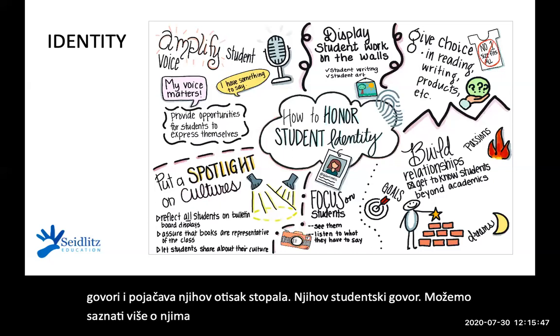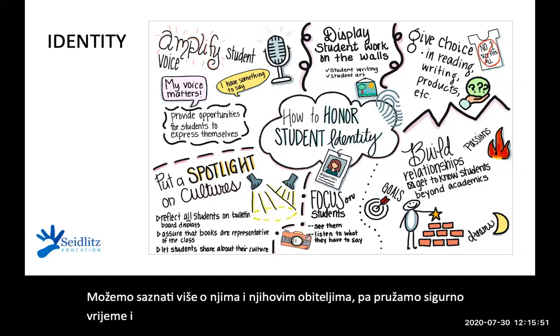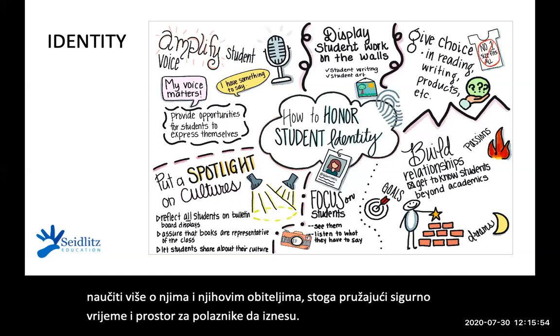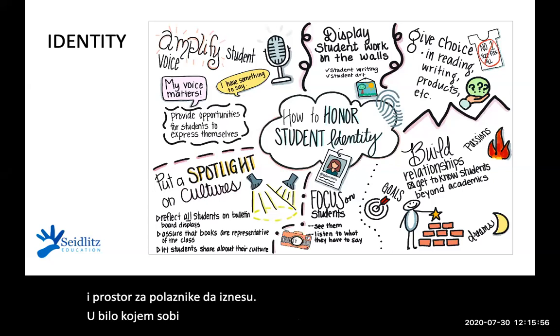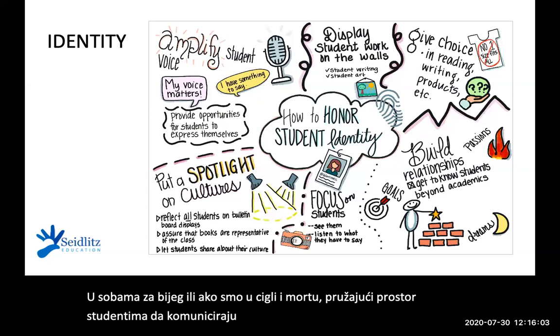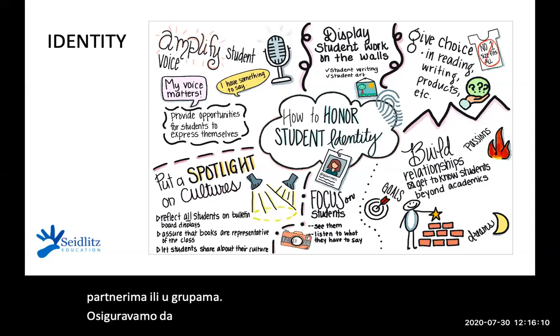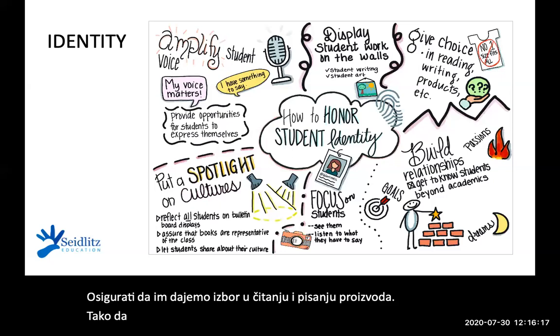So providing a safe time and space for students to share in either breakout rooms, or if we're in a brick and mortar setting, providing space for students to communicate with one another, with partners or in groups, ensuring that we're giving them a choice in reading and writing and products so that they have more autonomy in the work in the classroom.